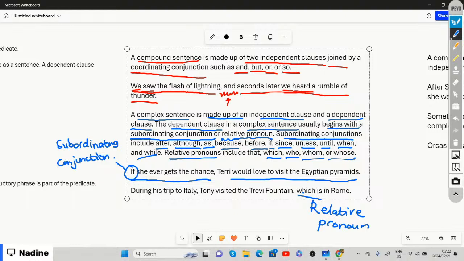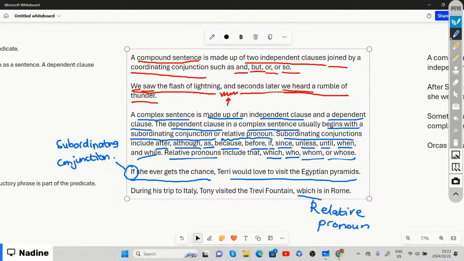All right, so far we went over a clause, and we said a clause has both an independent as well as a dependent clause. An independent clause completes a thought and can stand on its own. It has both a subject as well as a predicate. Then we have a dependent clause, which cannot stand on its own and does not complete a thought, meaning it's either missing a subject or it's missing a verb.